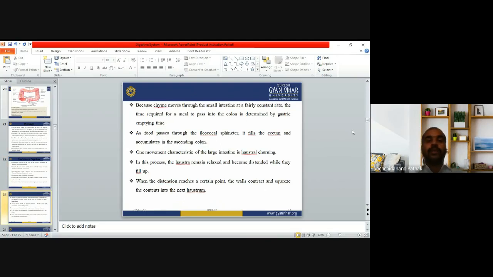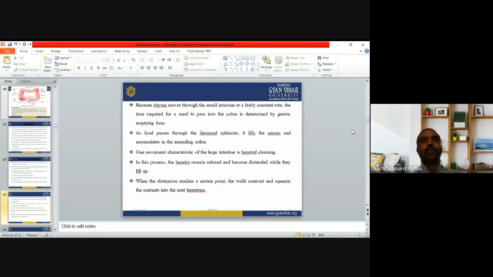Now, because chyme moves through the small intestine at a fairly constant rate, the time required for a meal to pass into the colon is determined by the gastric emptying time. Now you can understand, when the stomach passes the food, the food goes into the intestine, then the intestine will pass the food, and the food goes into the large intestine.